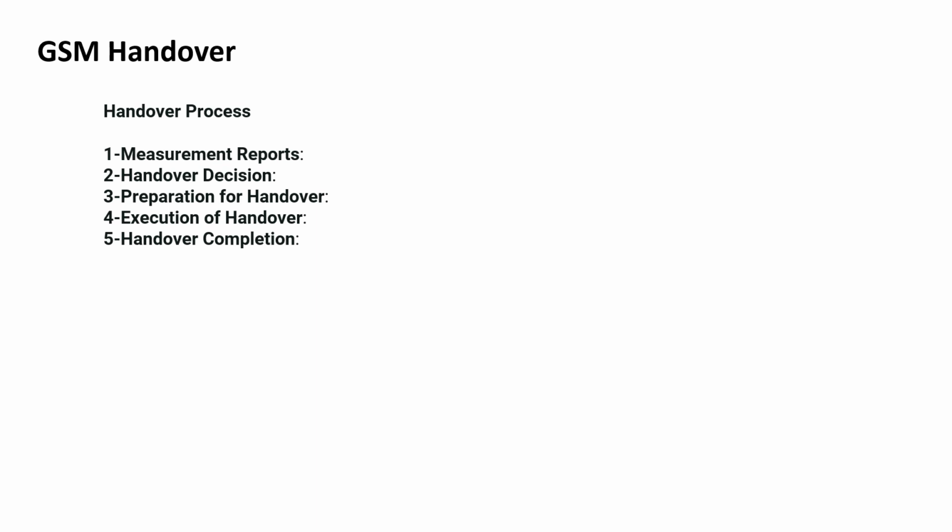Execution of handover. The mobile device switches to the new cell, either through hard or soft handover, and the call or data session continues without significant interruption. 5. Handover completion. Once the handover is successful, the network releases resources from the previous cell.